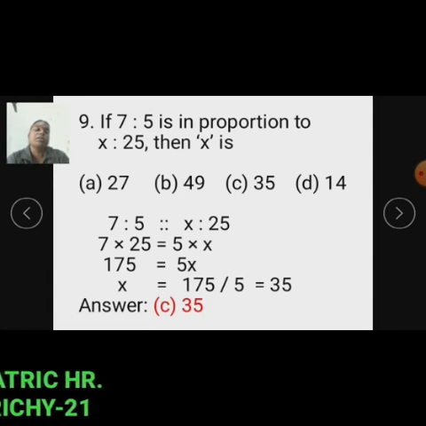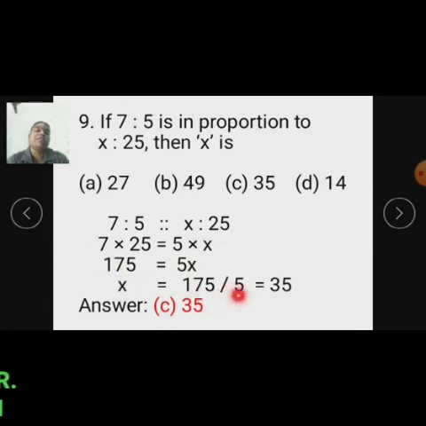The product of extremes 7 into 25 equal to the product of means 5 into x. 175 equal to 5x. X equal to 175 divided by 5 equal to 35. So the answer is option C 35.